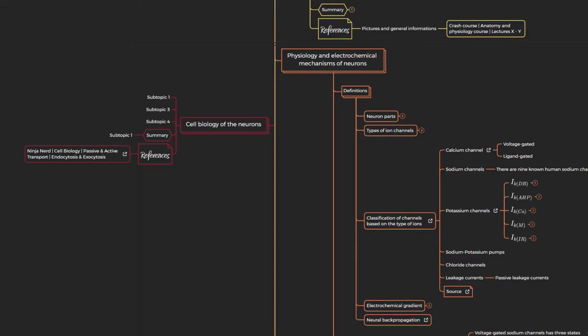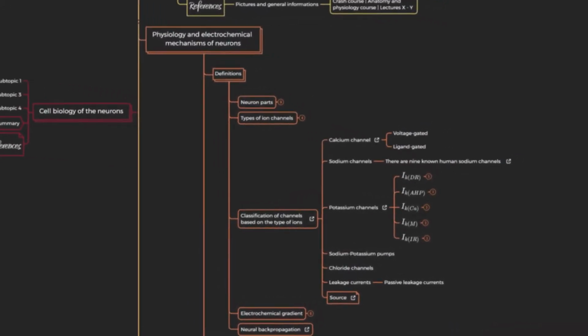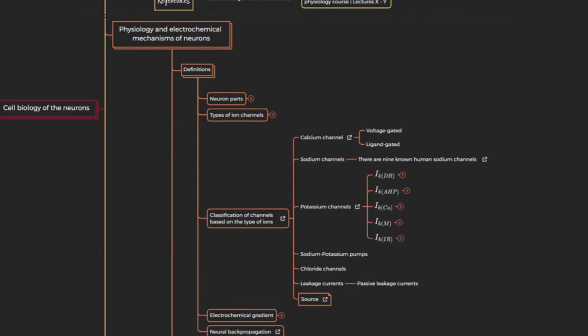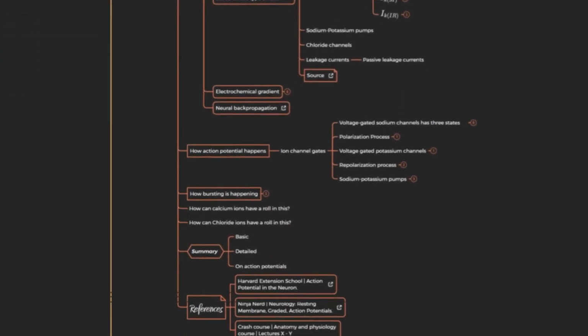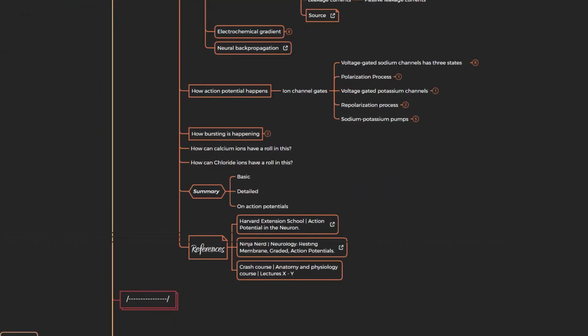And after that, we have the electrochemical behavior of the neurons and what's happening here. So we have different parts of the neuron and different kinds of channels that are on the neuron. We take a look at them. Then we look at how action potential is happening. And one thing that not a lot of people talk about is how bursting is happening.